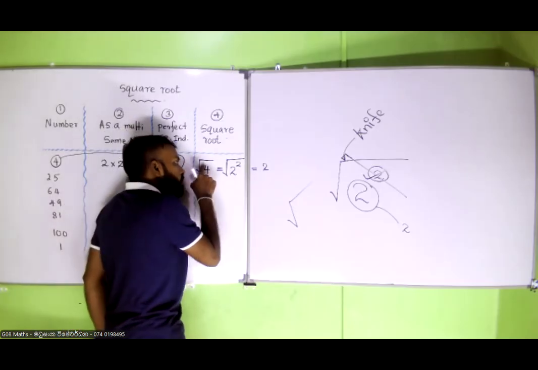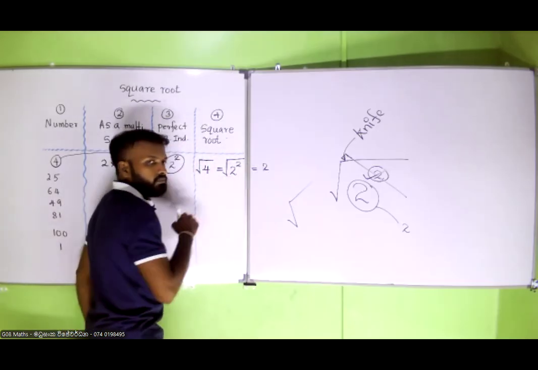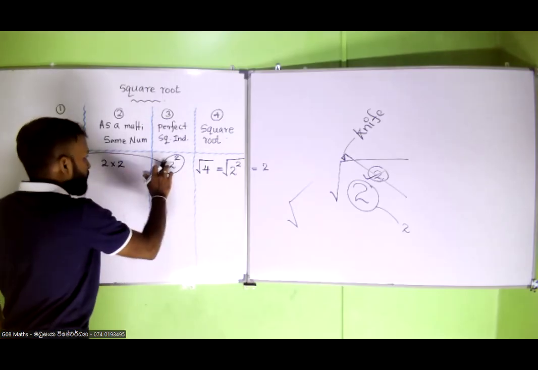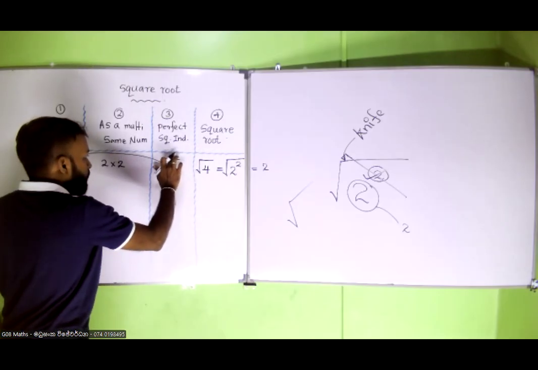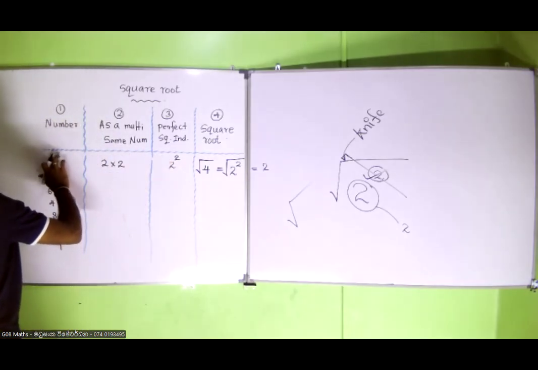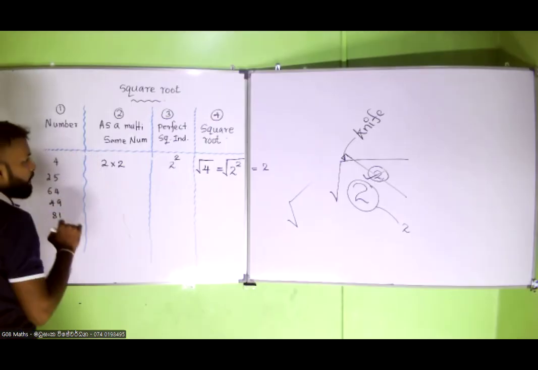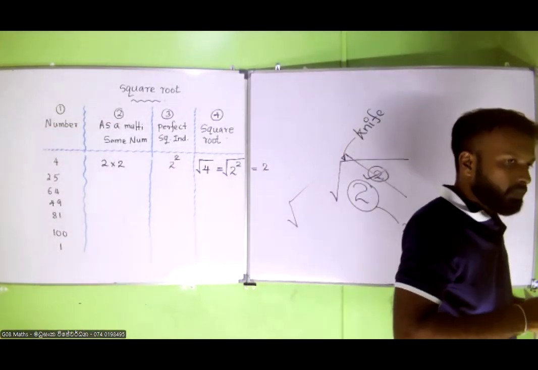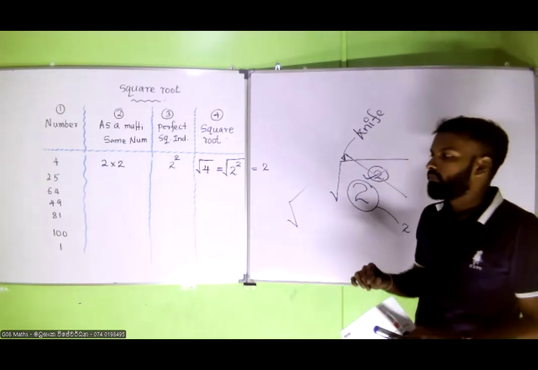So the square root of 4 is equal to 2. I am going to do one thing. Please write this. You have to catch the pattern now. There is a pattern and you need to understand that. I am going step by step here.